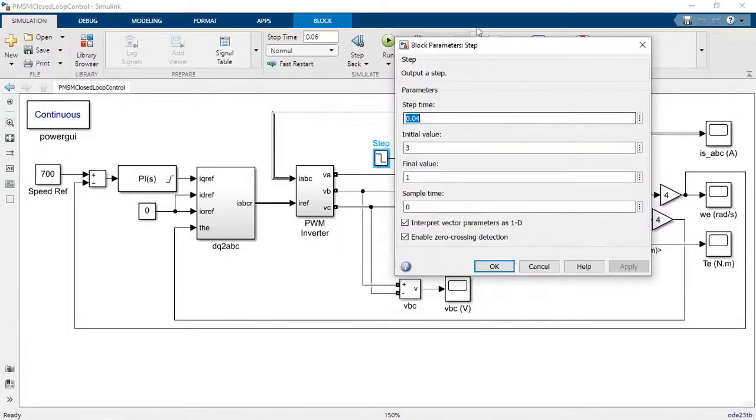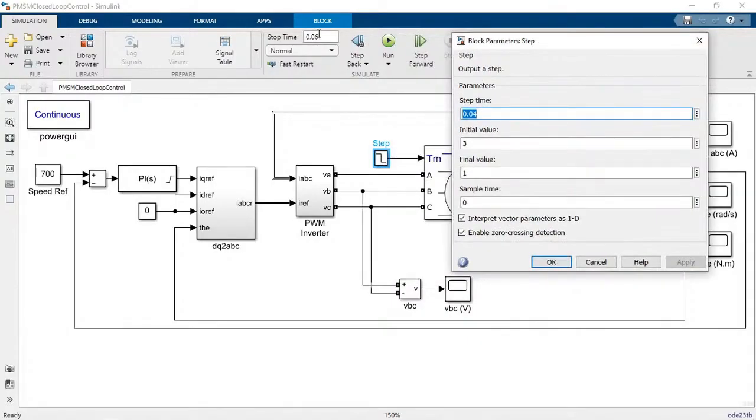The step time is 0.04, and the entire simulation time is 0.06. So at the time of 0.04, the torque is reduced, that is, we are reducing the load from the motor. Initially it is 3 Newton meter, then at 0.04 it is 1 Newton meter.